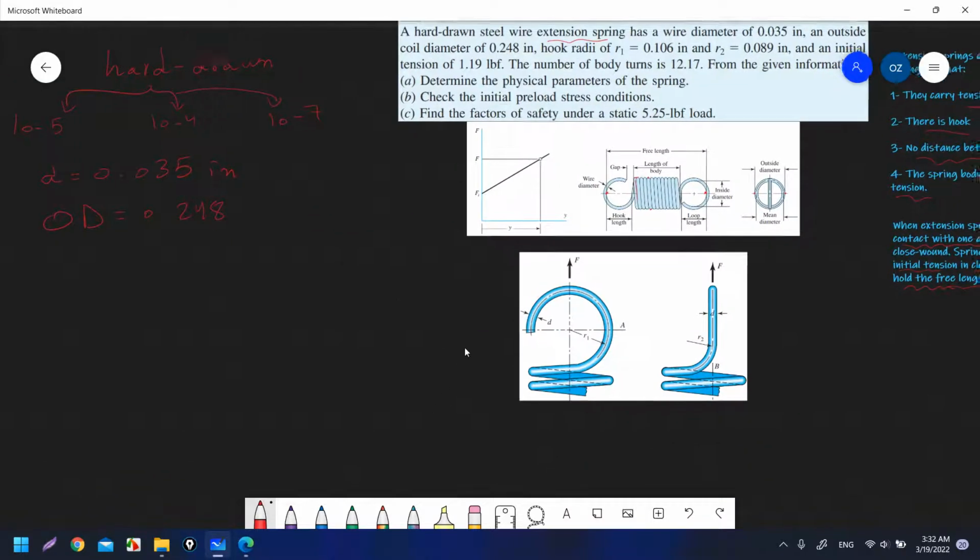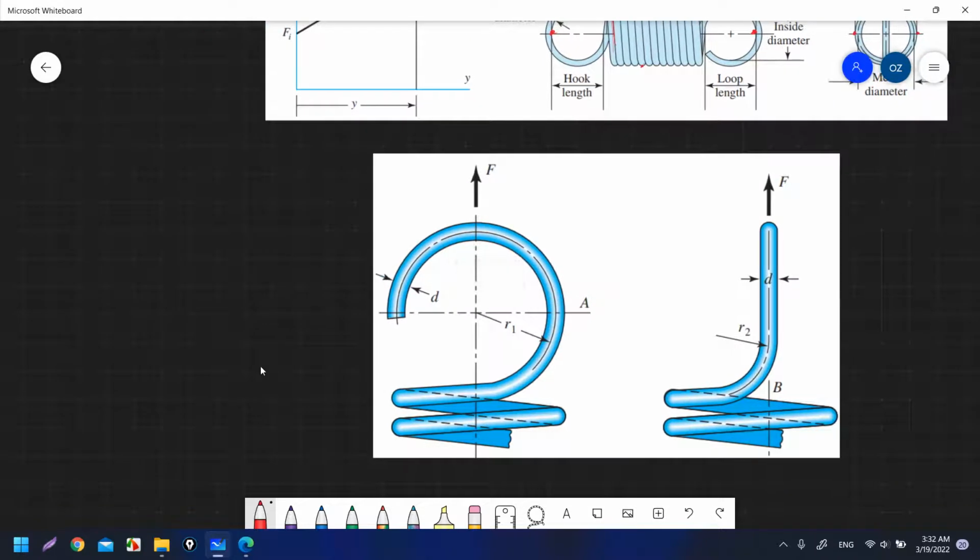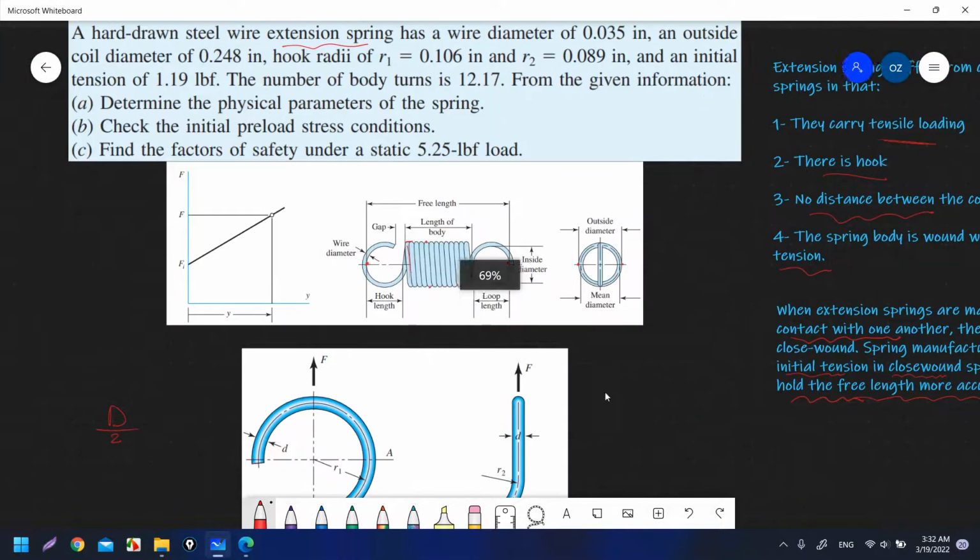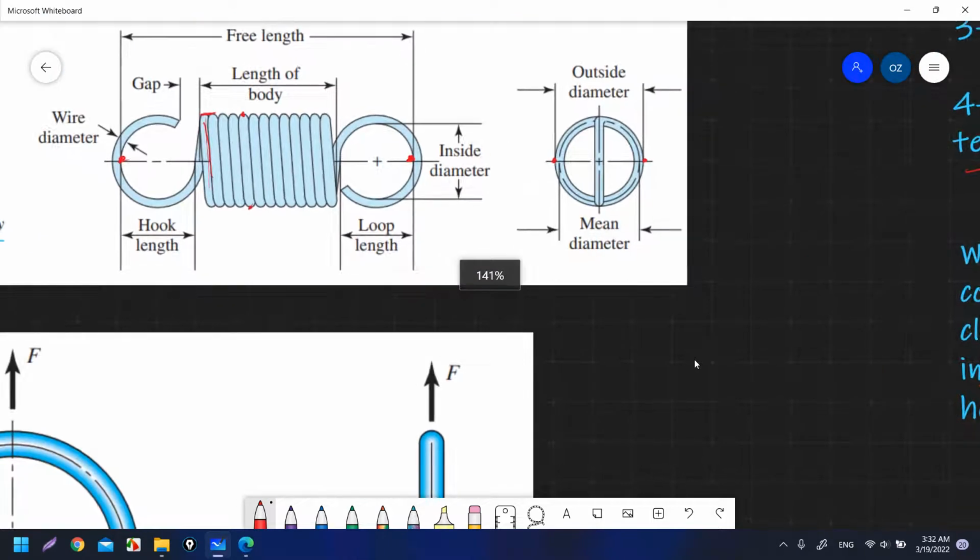The hook radii, you can see in this photo. That is the hook, from different views. R1, you can see, is D over 2. And what is D? D is the mean diameter. Mean diameter means from the center of the wire to the other center.